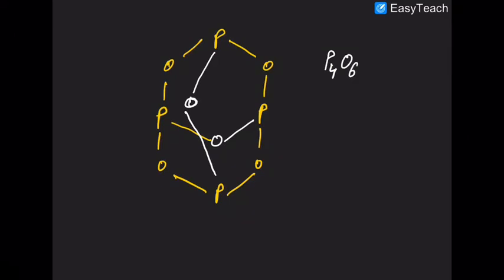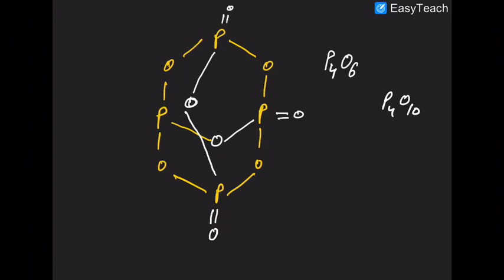That is P4O6. If you want to convert it into P4O10, then wherever phosphorus is there, put a double bond oxygen. So it becomes P4O10.